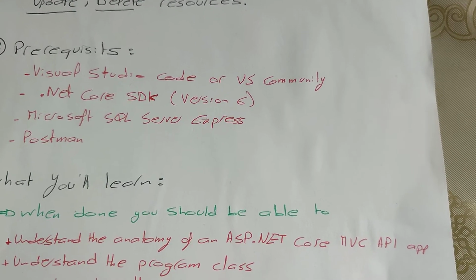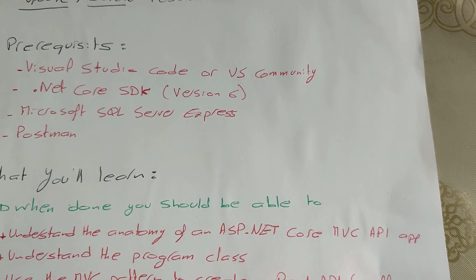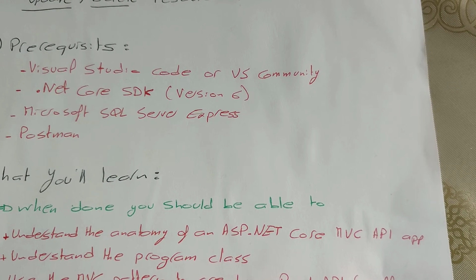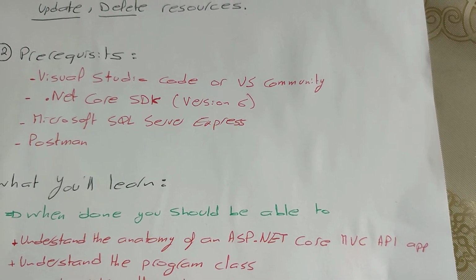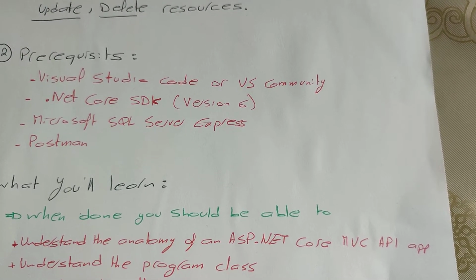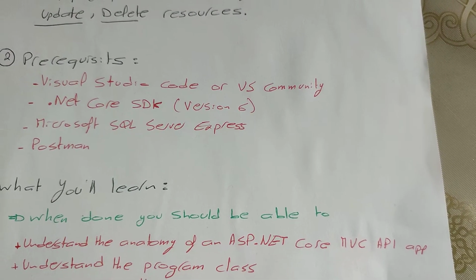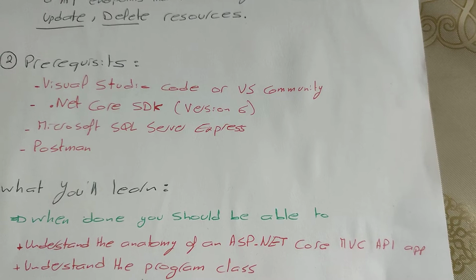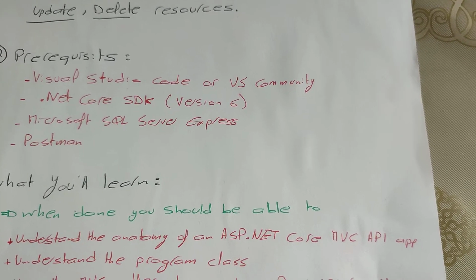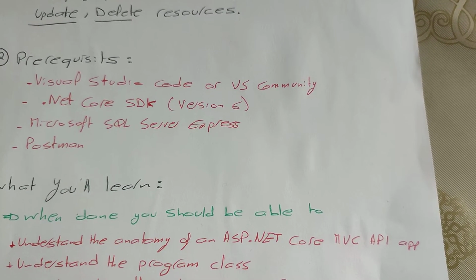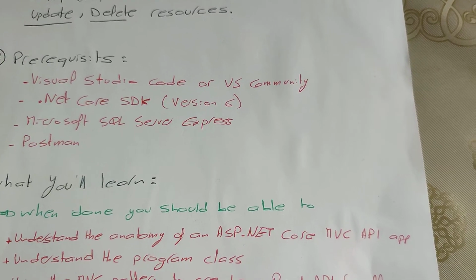For the Windows community, you can install Visual Studio Community, which is amazing. It's a big application where you can create desktop applications, WCF, Xamarin applications for mobile, and web applications.